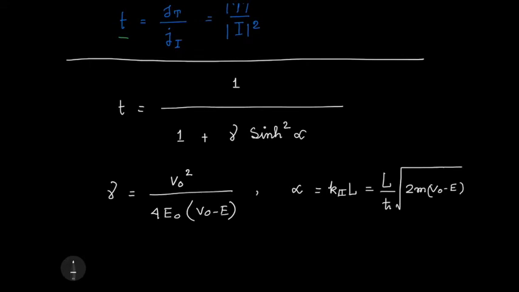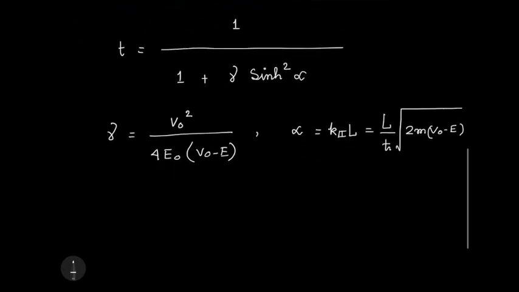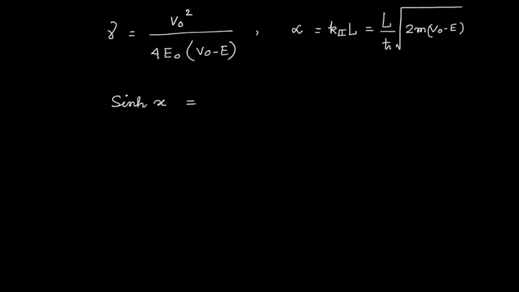And I recognize that you may not be familiar with this function called sine hyperbolic. Sine hyperbolic x equals e to the x minus e to the minus x by 2. We'll use this shortly.